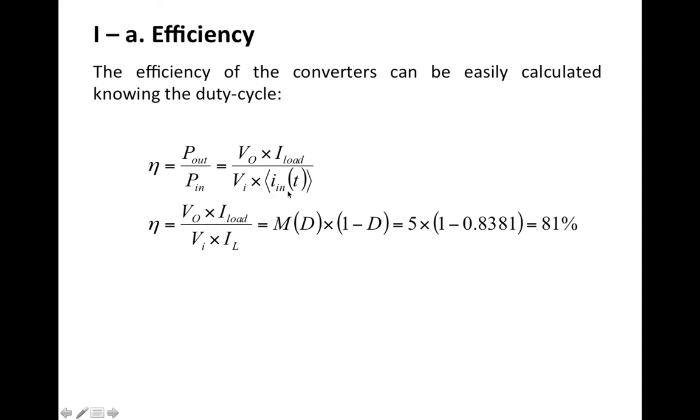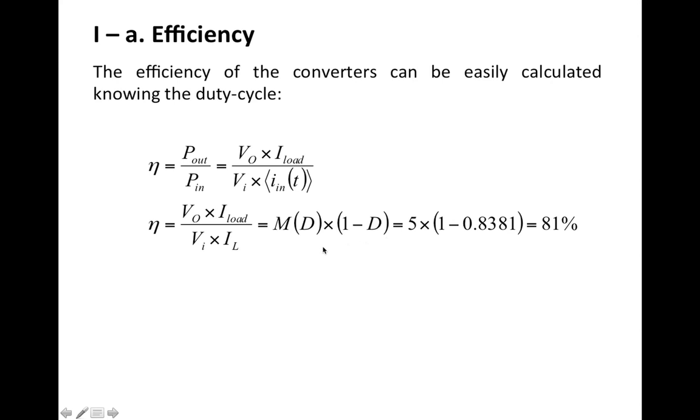Using the low ripple approximation, we can say that this average is the same as the average of the inductor current. We know that the ratio of output voltage to input voltage is M of D, and the ratio of load current to inductor current is known from the capacitor charge balance equation, and that's 1 minus D.